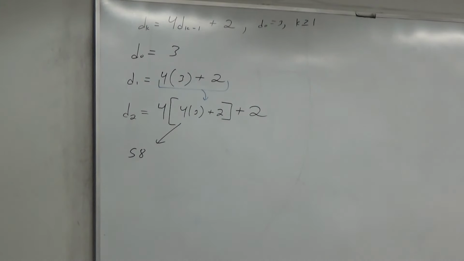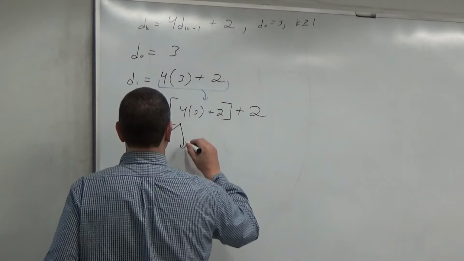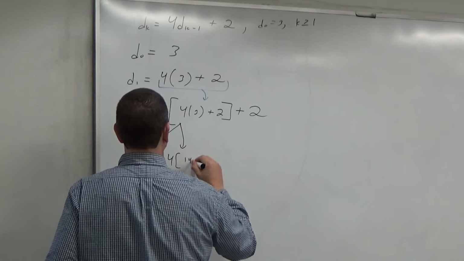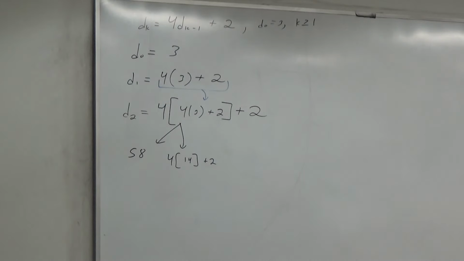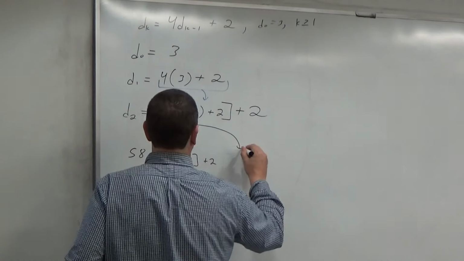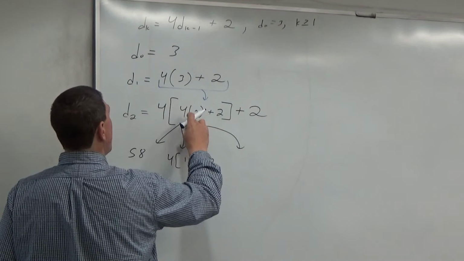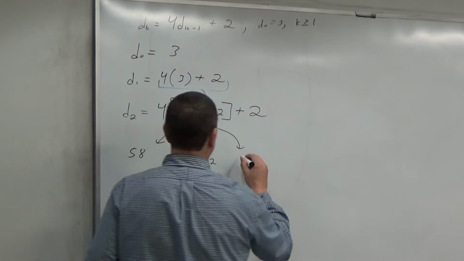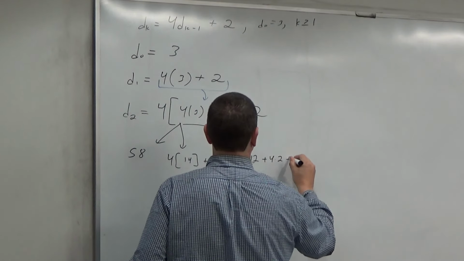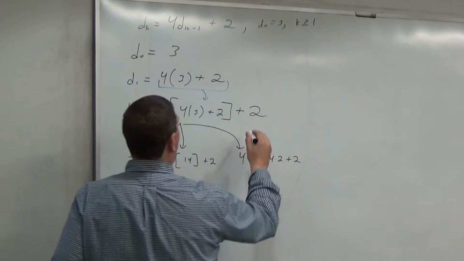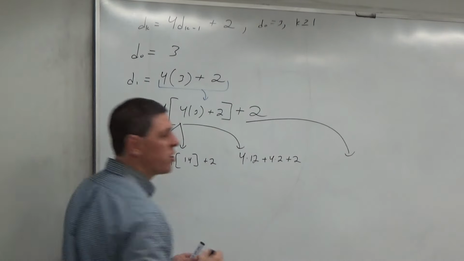Another way is to write this as 4 times 14 plus 2. Another way is 4 times 12 plus 4 times 2 plus 2.